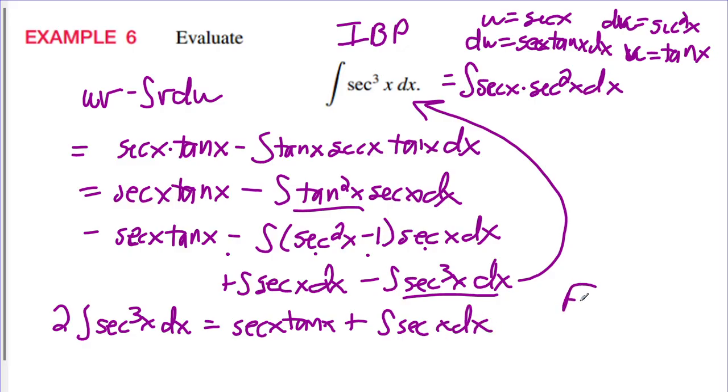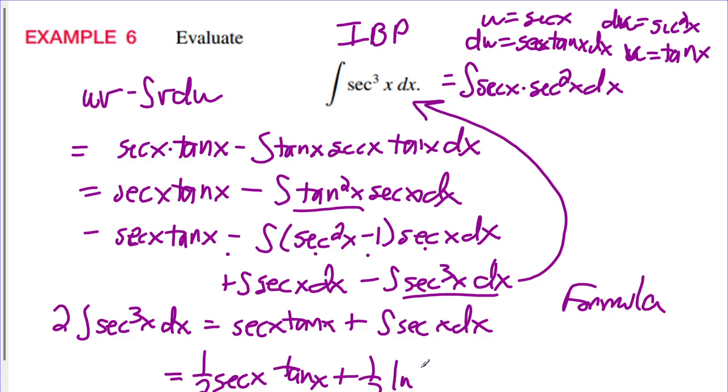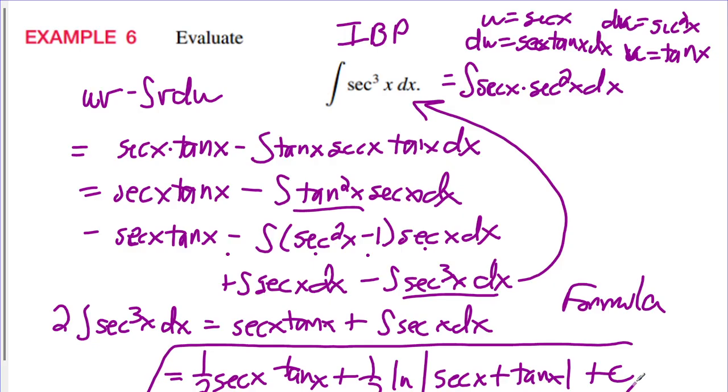For that, we're going to use our formula that is in the back of the book for secant, and also we're going to divide by 2. So that leaves us with our final answer. When we divide by 2, we get 1/2 secant of x tangent of x plus 1/2 times the integral of secant of x, which is the natural log of the absolute value of secant of x plus tangent of x, and as always, don't forget your plus c.